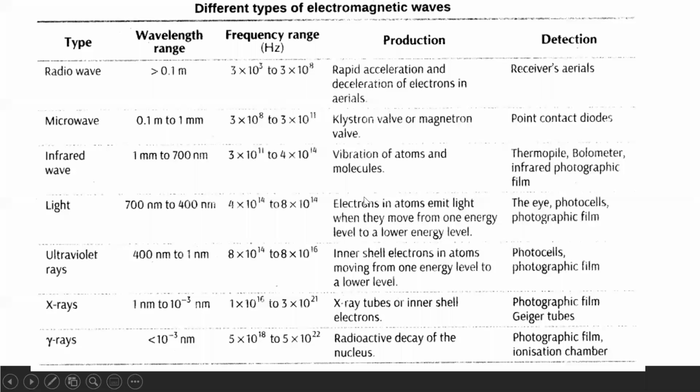See, as we go to higher frequency, to higher energy of electromagnetic radiations, they are emitted by innermost parts of atoms. Infrared is by vibration of atoms and molecules as a whole. Emission of light is by the jumping of an electron from one energy level to a lower energy level.